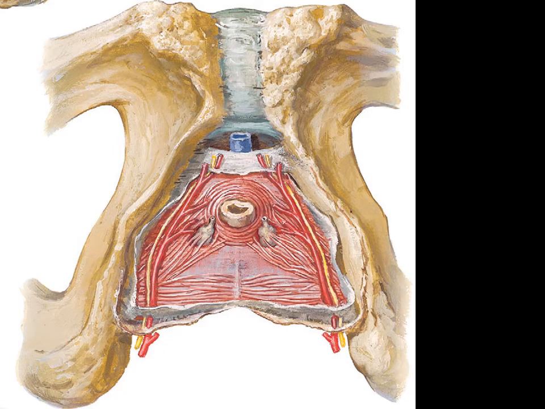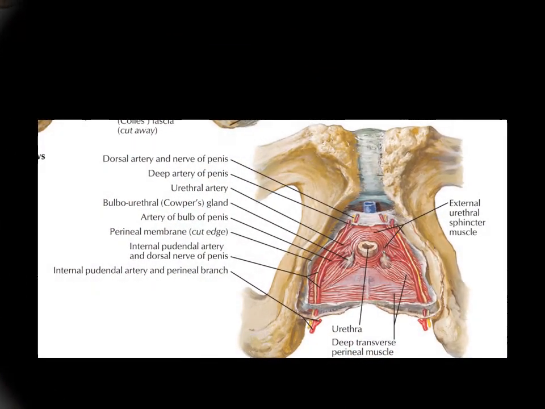Okay, so the deep perineal pouch is a small space compared with the superficial perineal pouch. In this picture you can identify the sphincter urethrae, and we can identify the transverse perineal profundus muscles posteriorly at the same level as the superficial transverse perineal muscles.